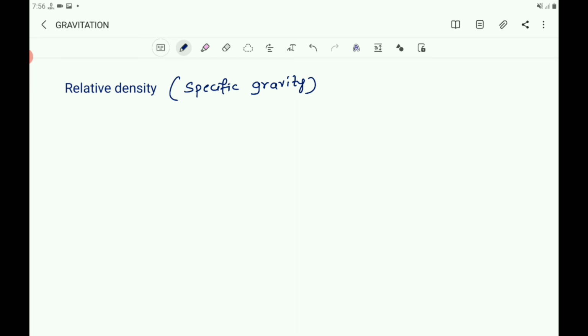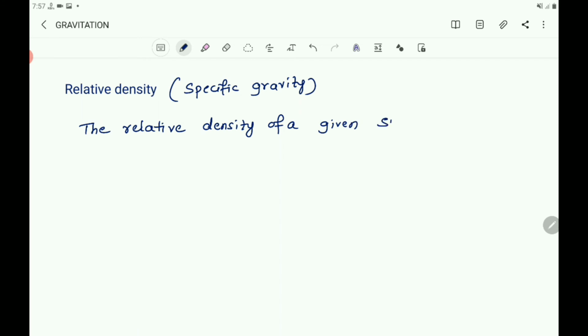So here let us write what is relative density. The relative density of a given substance is the ratio of its density to that of pure water.